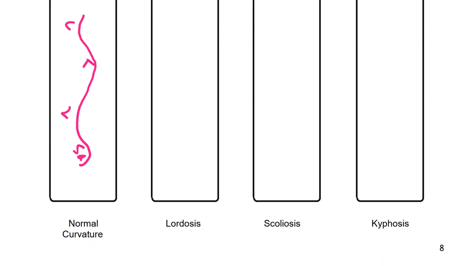And then you're going to look for, when there's something wrong with those curves, you have 3 different flavors. And so something about the location of the curve, so lordosis, might have something to do with lumbar. And this is all found in your book.